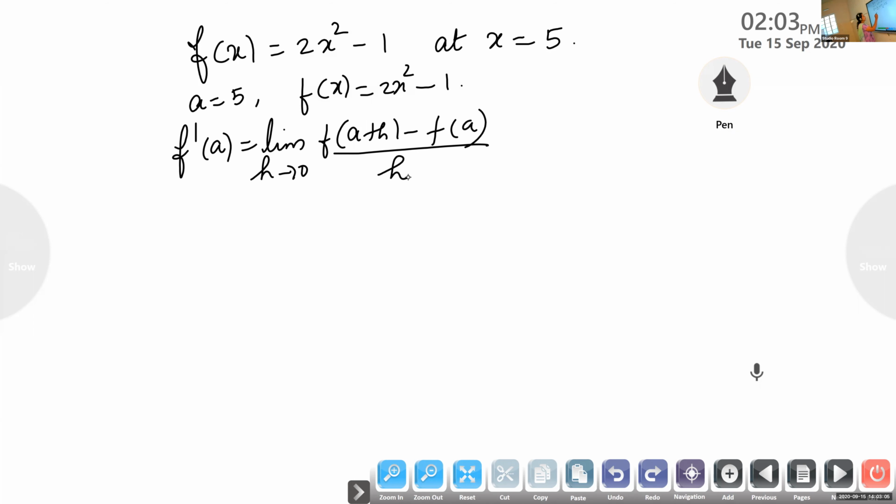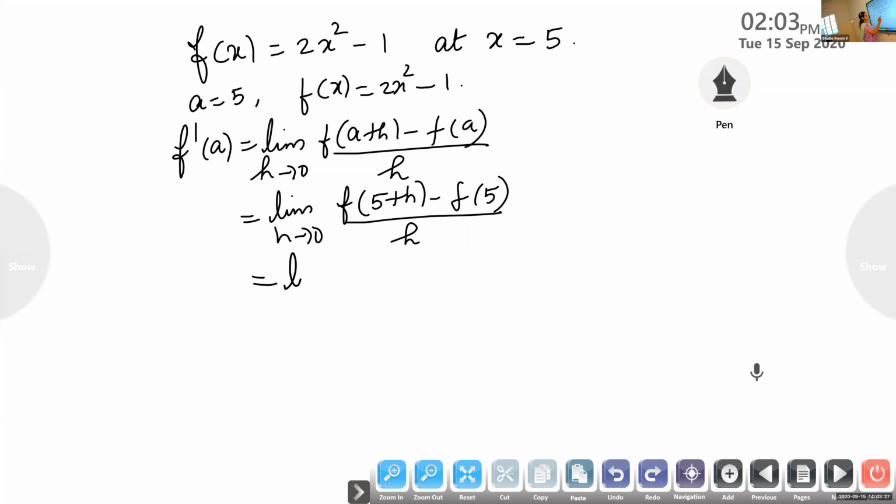So when you apply this one, limit h tending to 0, a is here 5. So f of 5 plus h minus f of 5 by h. So which is same as limit h tending to 0.